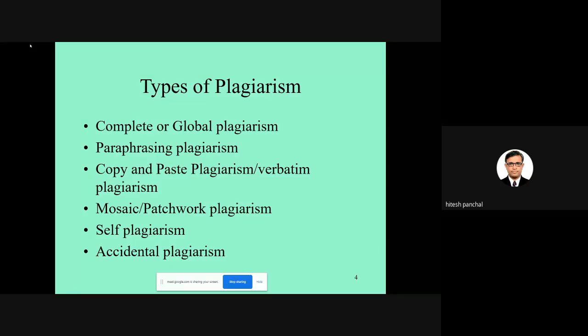But do not try this paraphrasing. It is somewhat unethical. Then copy and paste plagiarism, which is called verbatim plagiarism. Then mosaic or patchwork plagiarism. Then self plagiarism and accidental plagiarism. These are the main 6 types of plagiarism. Now we will study them one by one.